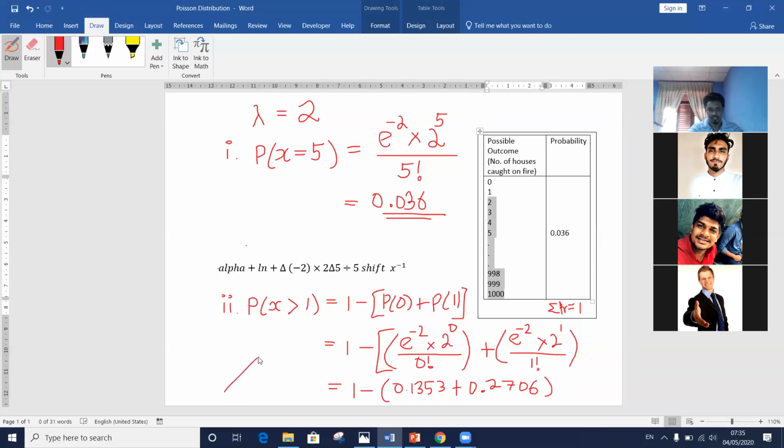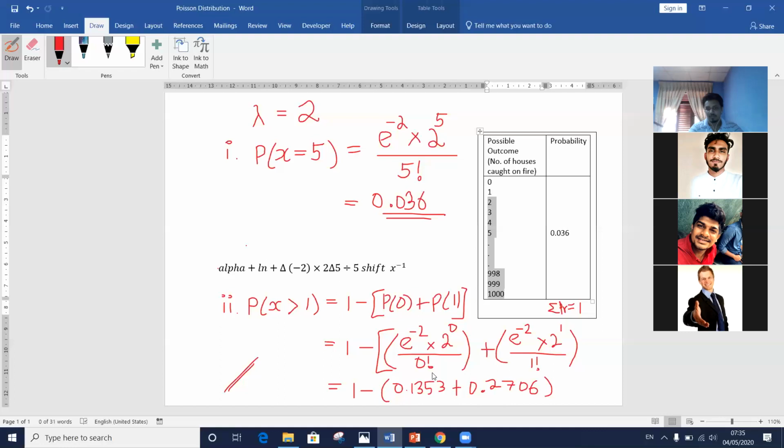I will have the final answer here: 1 minus 0.1353 and minus 0.2706.